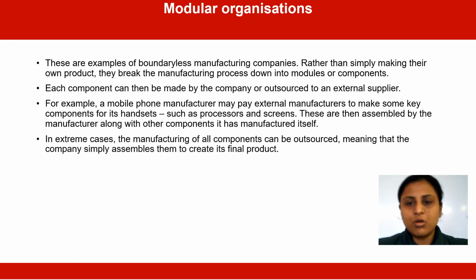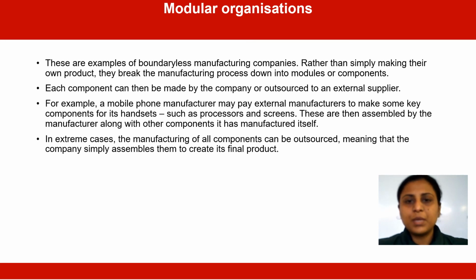Next is modular organizations. These are examples of boundaryless manufacturing companies. Rather than simply making their own product, they break down the manufacturing process into modules or components, and then each component can be made by either the company itself or outsourced to an external supplier. The most common example would be a mobile phone manufacturer.